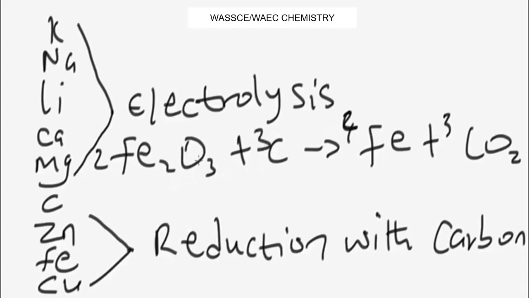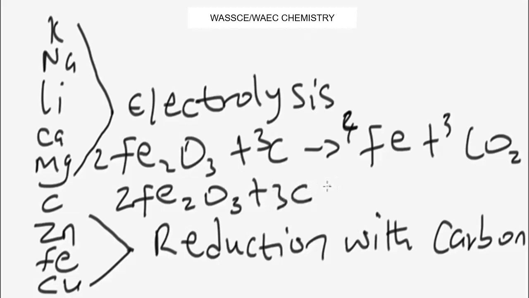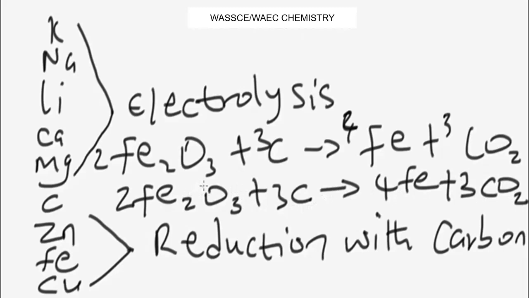Okay, so you can now see that the balanced chemical equation for this, let's write it, is 2 iron 3 oxide plus 3 carbon to give 4 atoms of iron plus 3 carbon 4 oxide. All right, so this will be the balanced chemical equation for this reaction. So this is a typical example of how metal can be extracted by reduction with carbon. This scenario, iron oxide being reduced in a blast furnace to make iron.